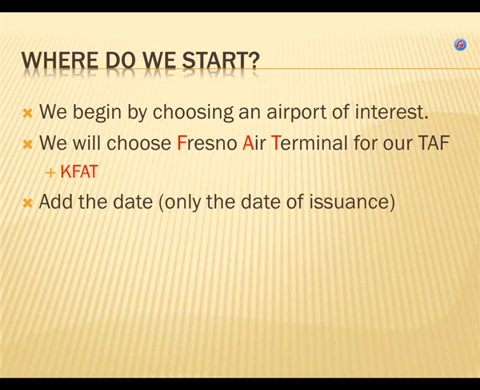Okay, so now we're going to add the date. You've got to pay attention to this date, guys, because there are going to be a couple more dates in the forecast. This is simply the date of issuance, the date and the time, we'll show the time in a minute, that it was issued.